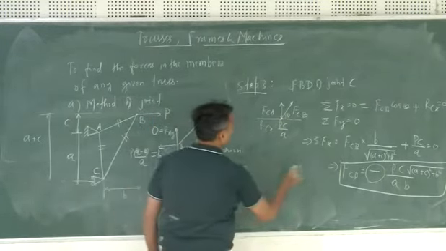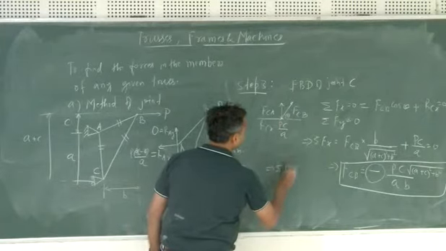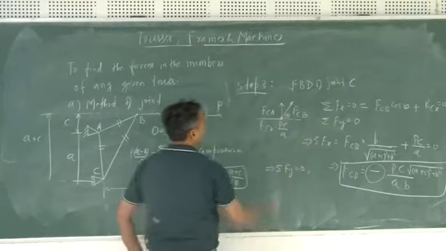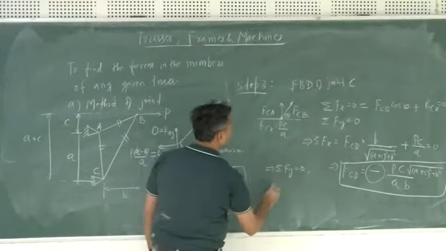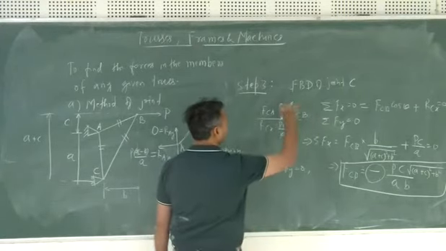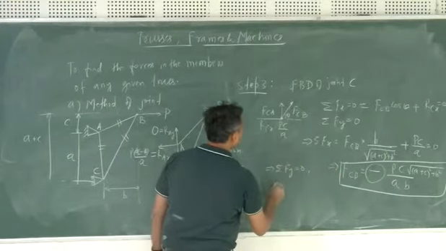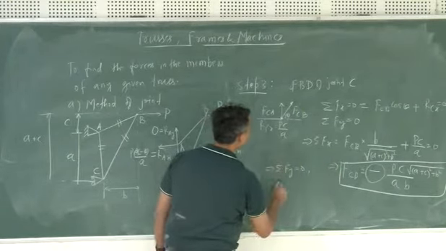Now when you use summation of Fy equals to 0, since now its direction is reversed, so first of all let it be like this for right now.